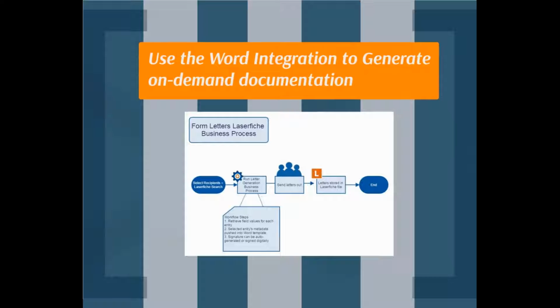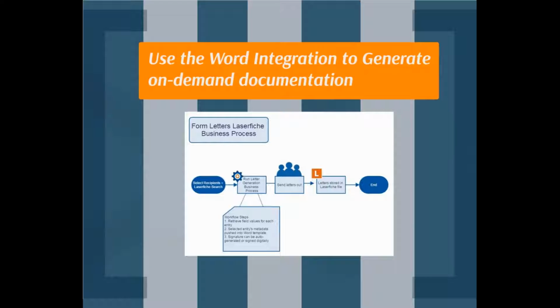So this process starts with selecting the recipients using a Laserfiche search. Let's say you send a renewal letter to everybody at the start of a new year to let them know that you've launched a new product or you have some news. You would do a Laserfiche search for all relevant contacts.